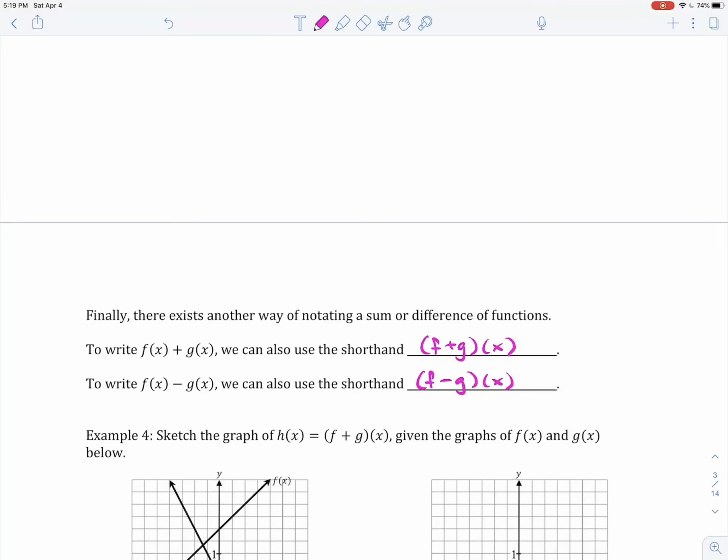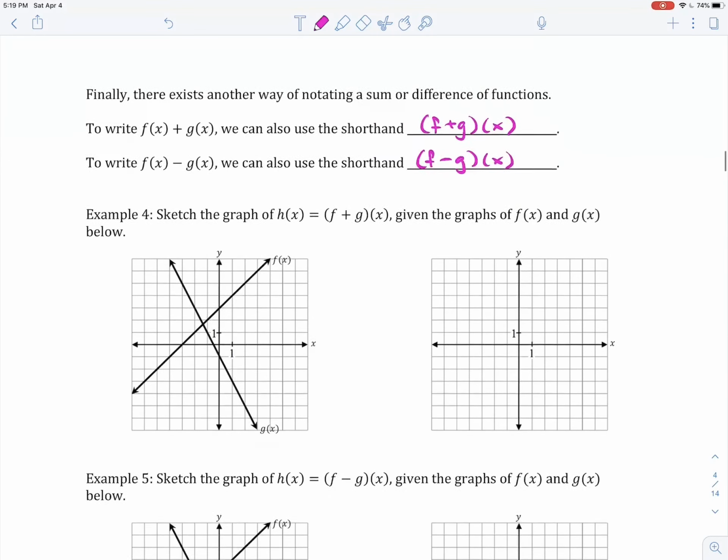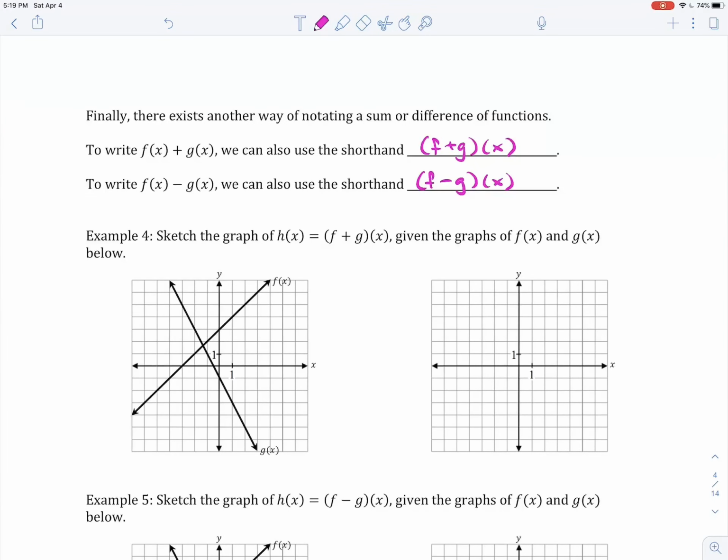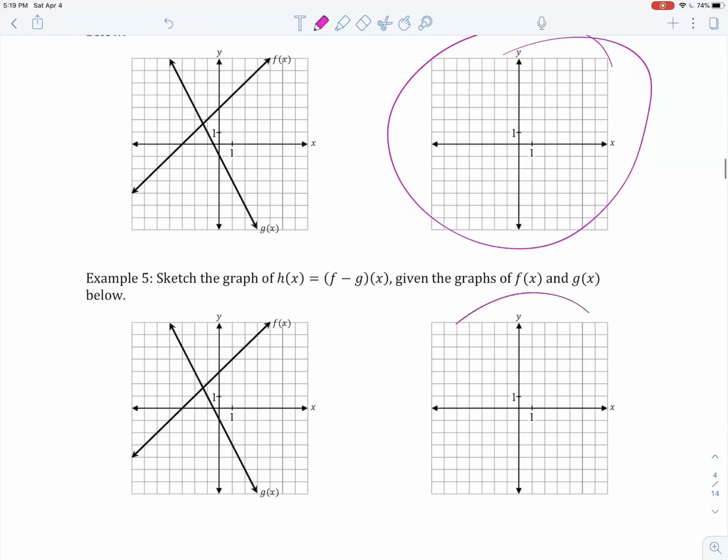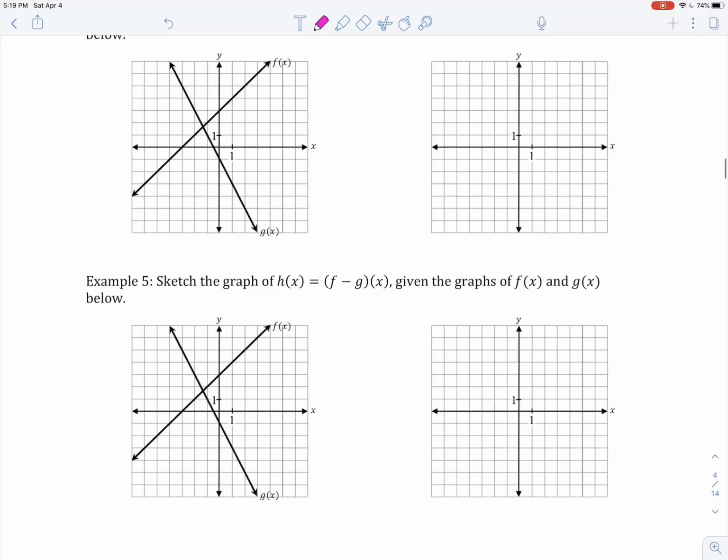Ta-da! Check this one out. We've got both f and g on the same set of axes. And then we'll draw their sum here. We'll draw their difference there. When I was preparing for this, not gonna lie, I made a mistake on the difference function because I kept forgetting which one was f and which one was g.